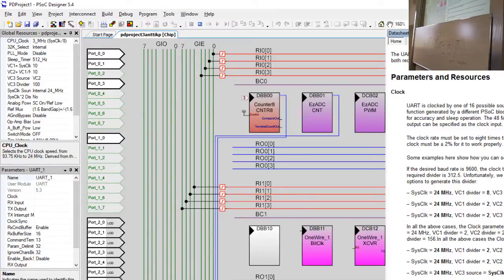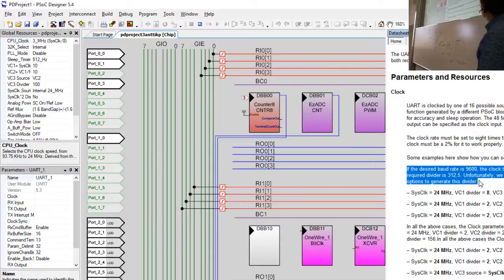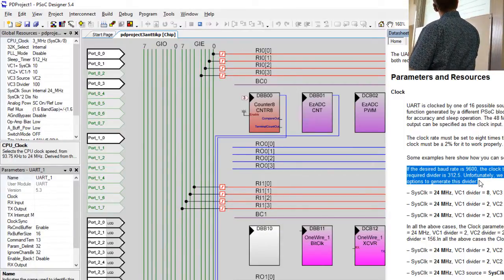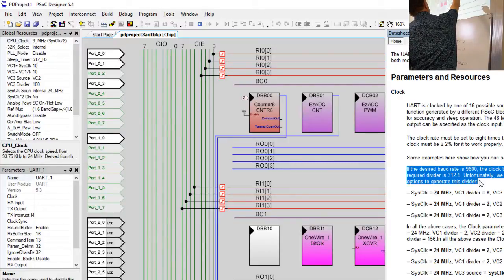All right, so there you go. If the desired baud rate is 9,600, the clock to the UART should be 8 times that, so meaning 76.8. And those are the ways you can get it close enough.